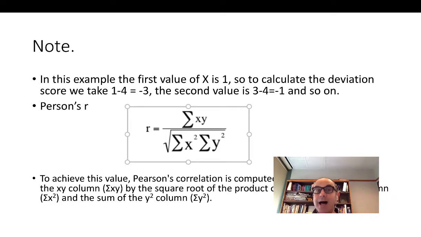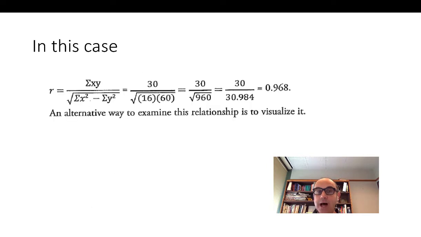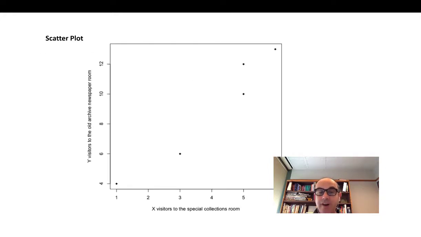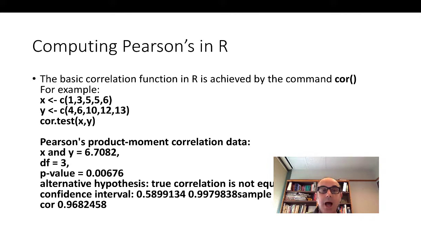All those components are part of our equation that we must follow in order to succeed. So this is the result, and we can always visualize it. The x is the number of special collection rooms, the y is the visitors to the archive room, and this is what we found.